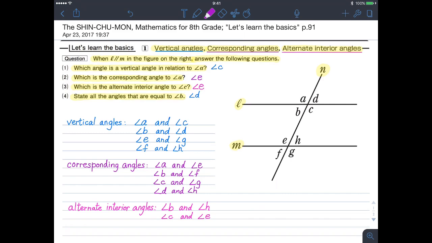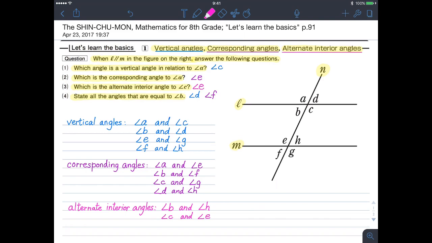In this case, angle B is a corresponding angle to angle F. Therefore, angle B is equal to angle F. And finally, we know that alternate interior angles are equal.